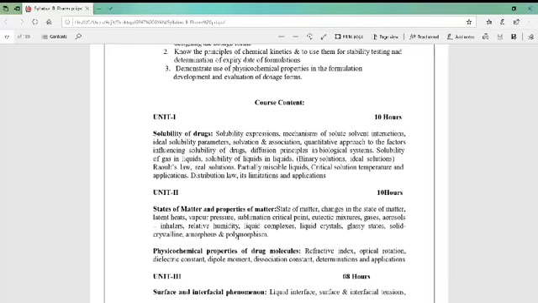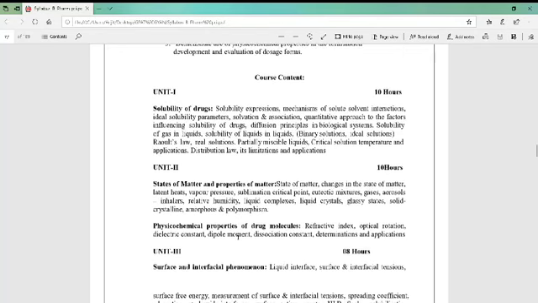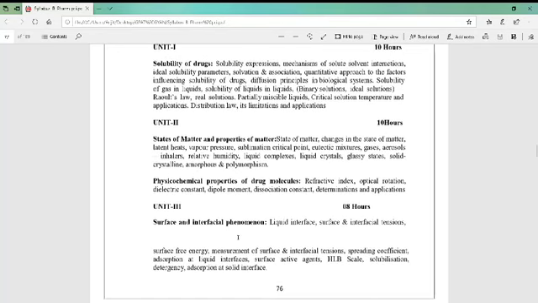And after that, the physicochemical properties of drug molecules. When we perform any kind of pre-formulation study, these physicochemical properties of drug molecules are essential, like refractive index, dielectric constant, dipole moment, dissociation constant. So this is all about unit 2.